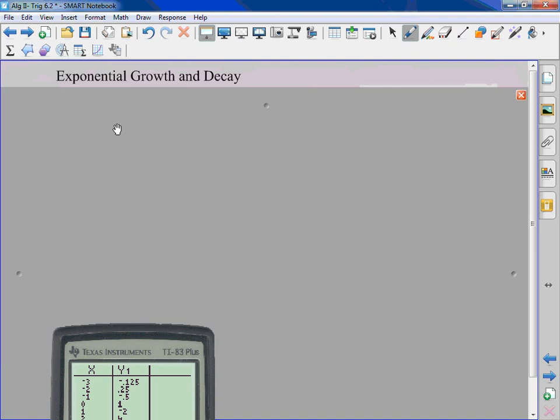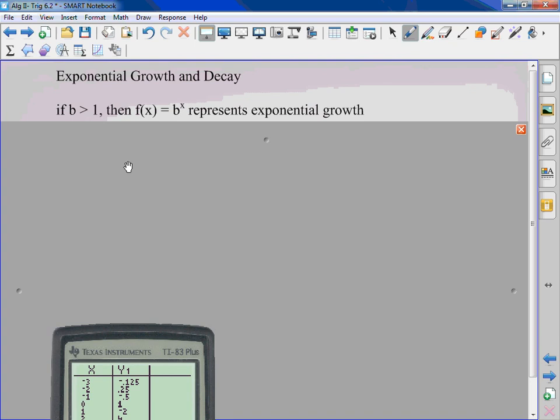Now, for growth and decay, we already talked about this, right? Remember we had A equals P times (1 plus r) to the t.